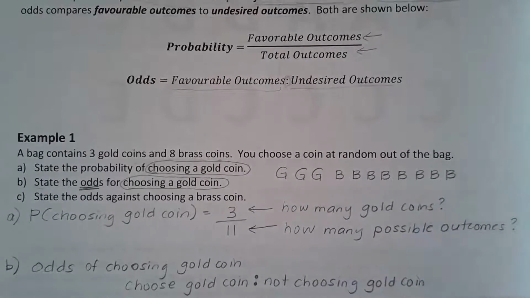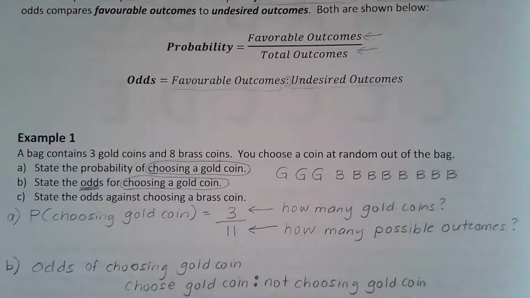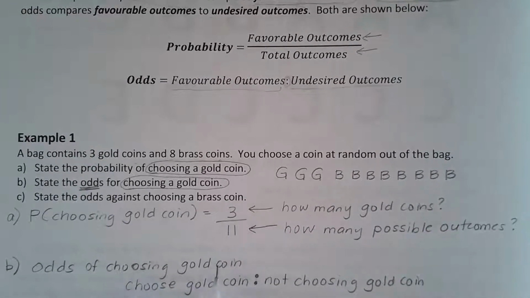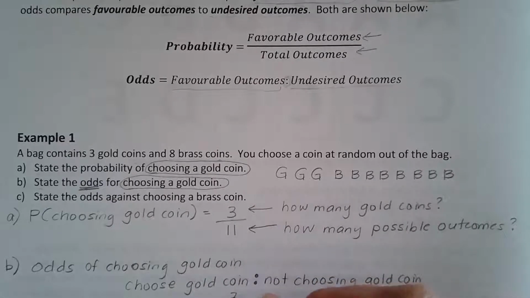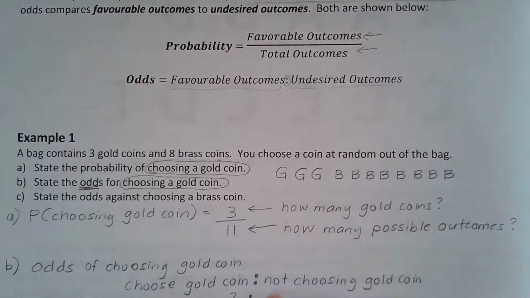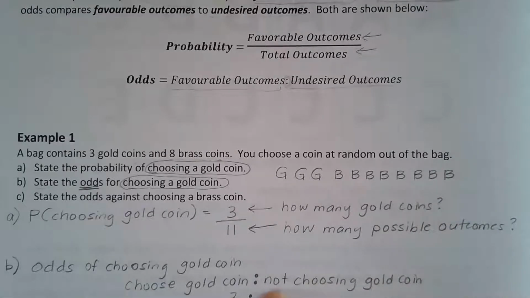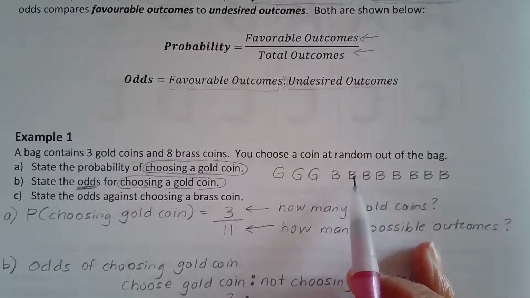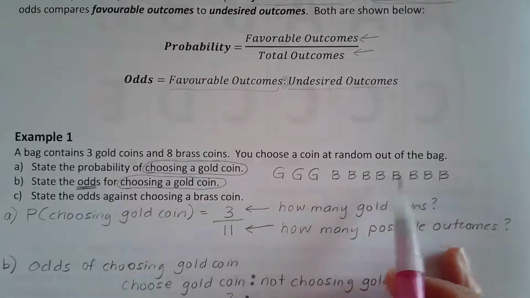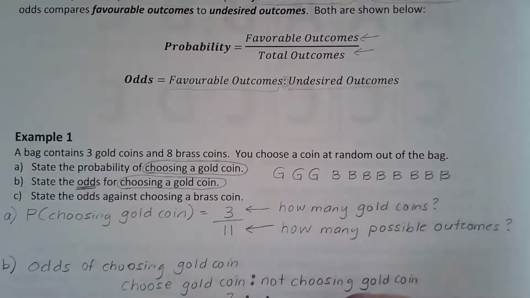Okay, so in comparison, if this is what you're looking at, choosing gold coin, write that down. How many ways can we choose a gold coin? There's 1, 2, 3. 3 is to. And then look at this one. How many ways can we choose not choosing gold coin? Not choosing gold coin, that would be 1. These are not gold. Okay, and there's 8 of them.